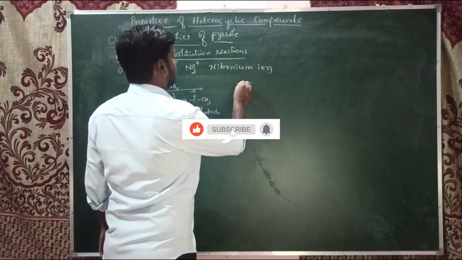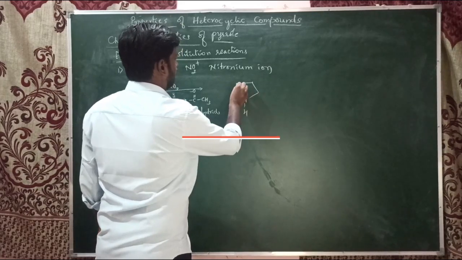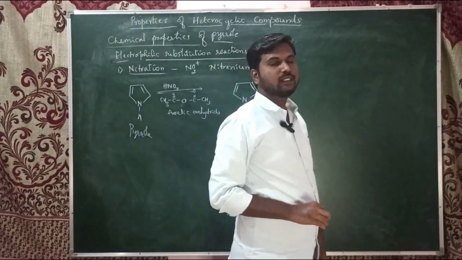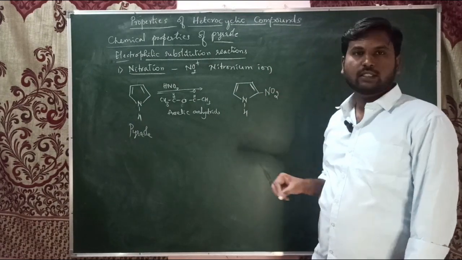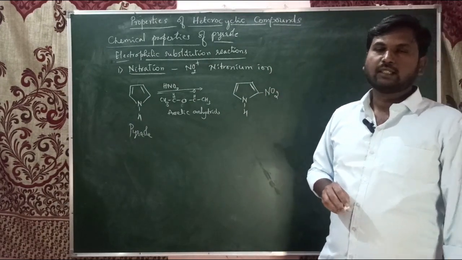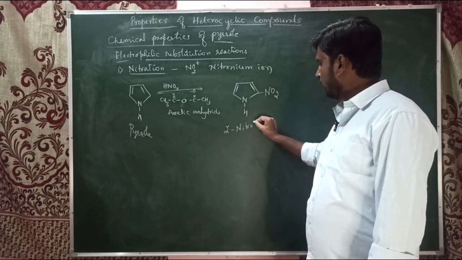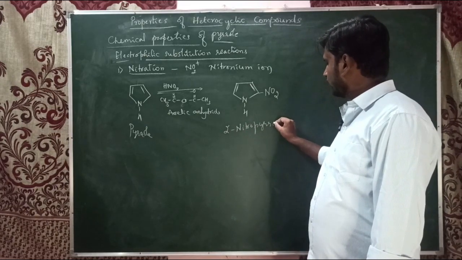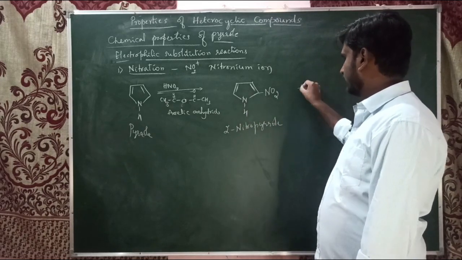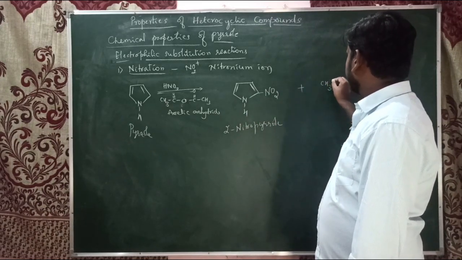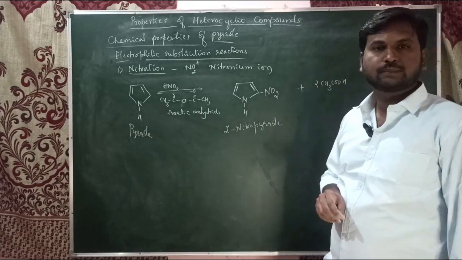So here we got the product. As you know, the second position is the most prior, so the nitration takes place at the second position. So it is 2-nitropyrrole, along with acetic acid, CH3COOH, 2 molecules.